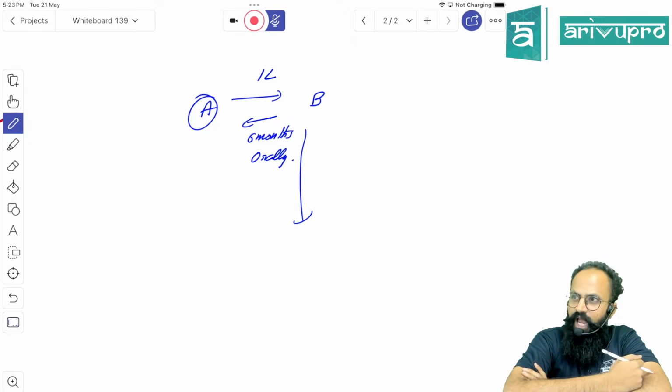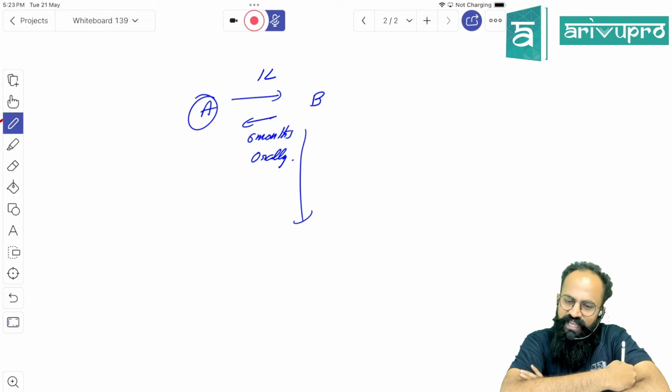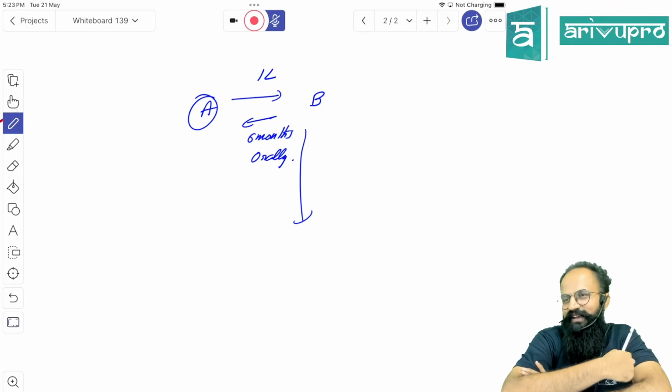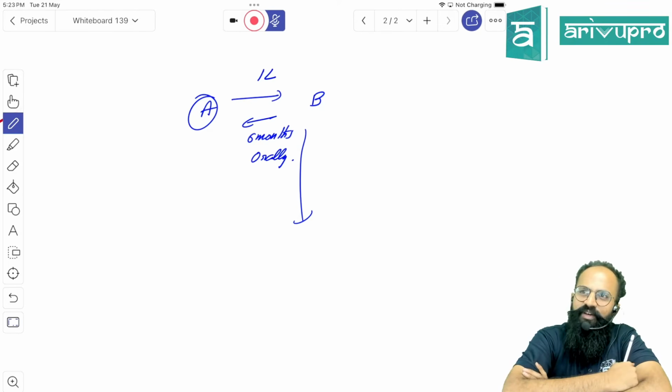A will win. Who filed the case? B filed the case. A gave, B has to repay. B did not repay, so A filed a case. Okay, first question is, can A file a case? A can file a case. So who will win? A will win or B will win? A will win.